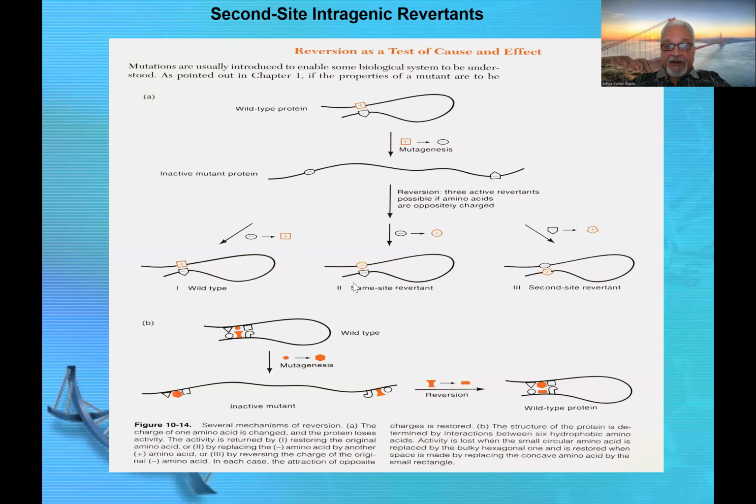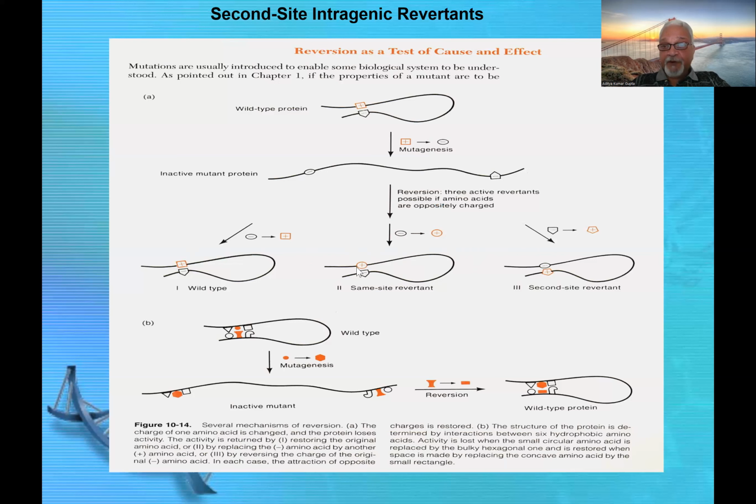Okay, now another possibility is that the second mutation is happening at the same site, but the change is such that the changed amino acid which became plus to minus, now this minus becomes plus.